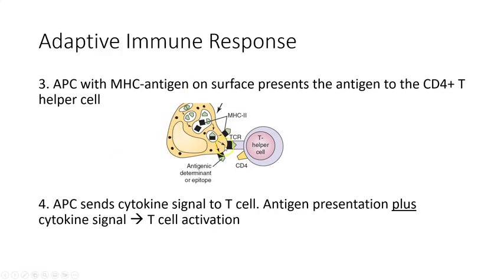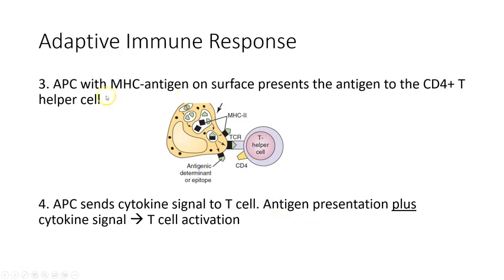Once the antigen-presenting cell has brought this MHC2 molecule with the antigen to the surface, it then finds a CD4 helper T cell that has a T cell receptor that can recognize this antigen. Once it's found its buddy, it then sends these proteins called cytokines that signal the T cell, hey, let's get activated.